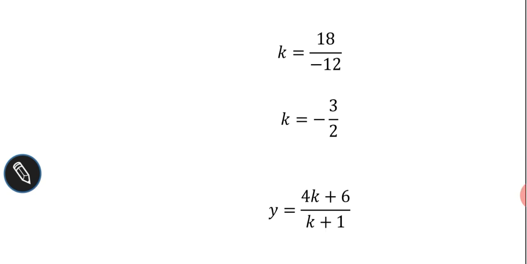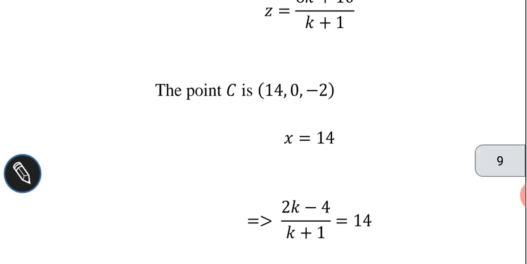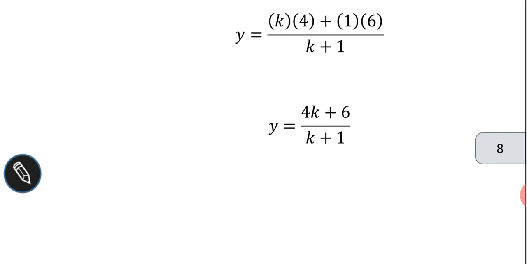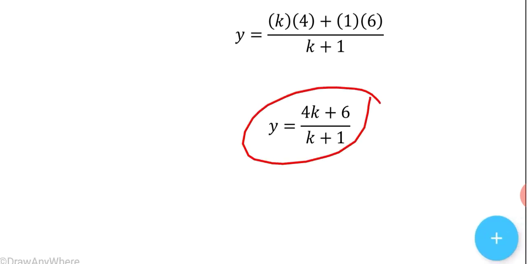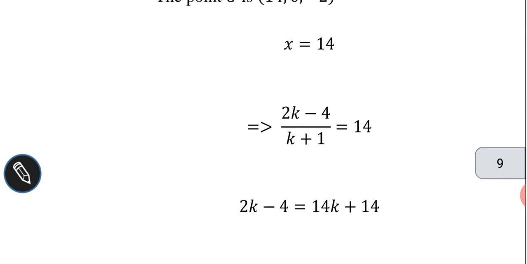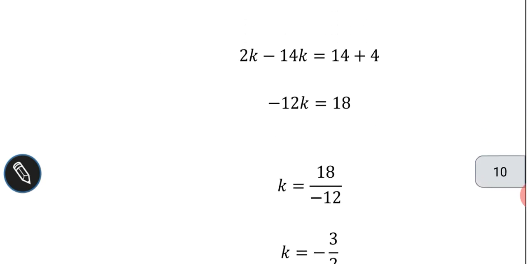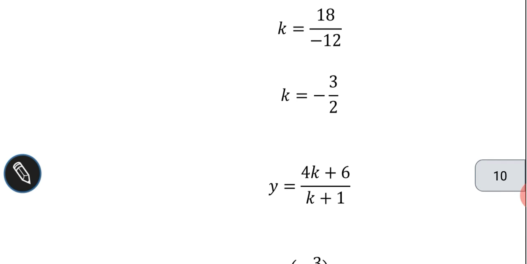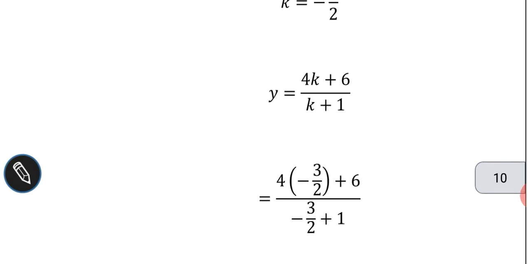Now use this equation, y is equal to (4k + 6) divided by (k + 1). Now put k = -3/2 in this equation.